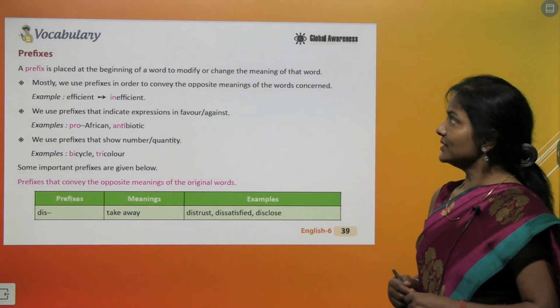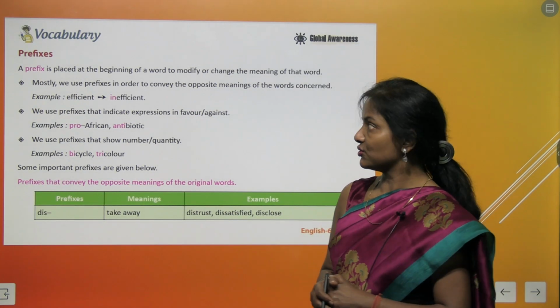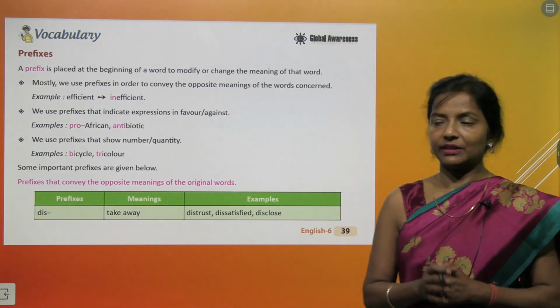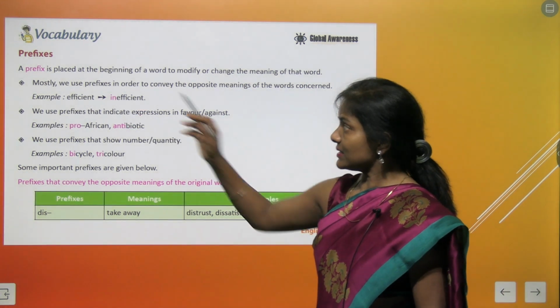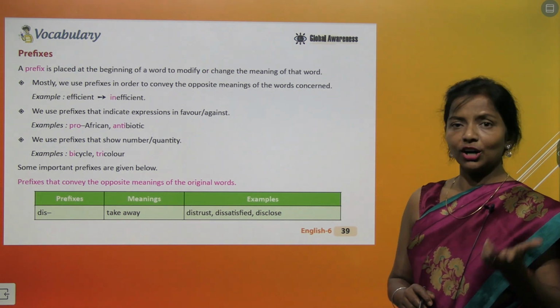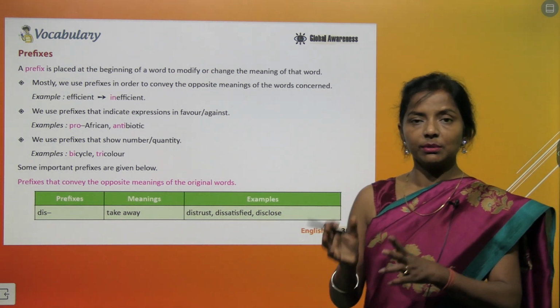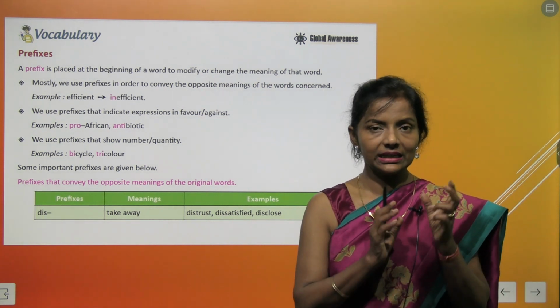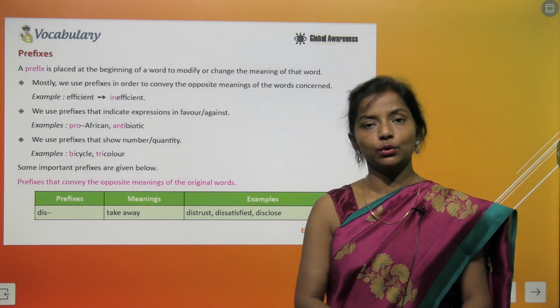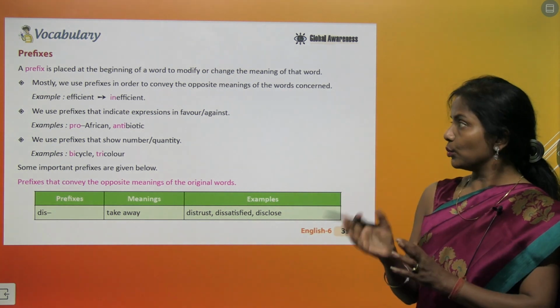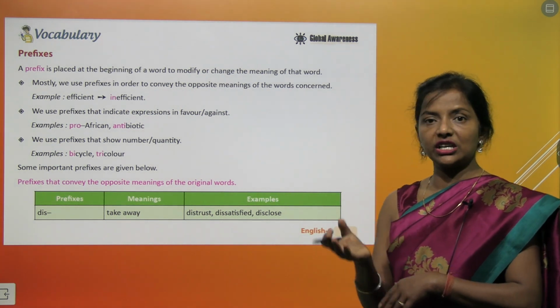Now let's move further. We come to the vocabulary section, children. Prefixes. What are prefixes? A prefix is placed at the beginning of a word to modify or change the meaning of the word. A prefix is what we put before any word, and what happens is that the meaning of the word changes.